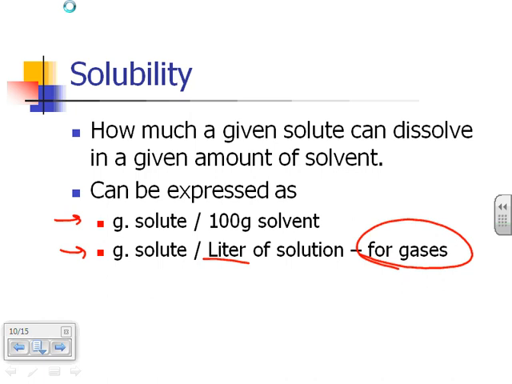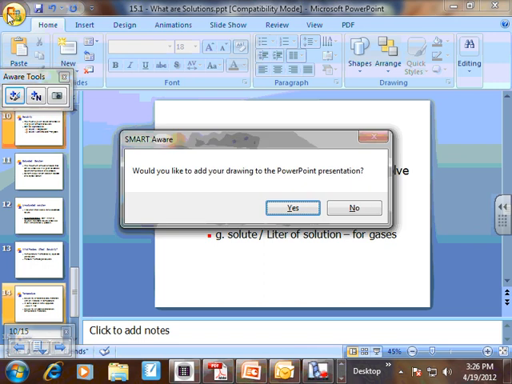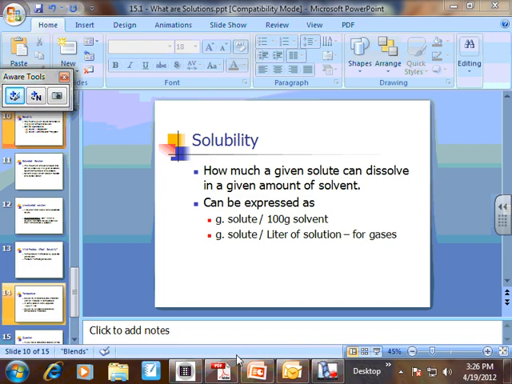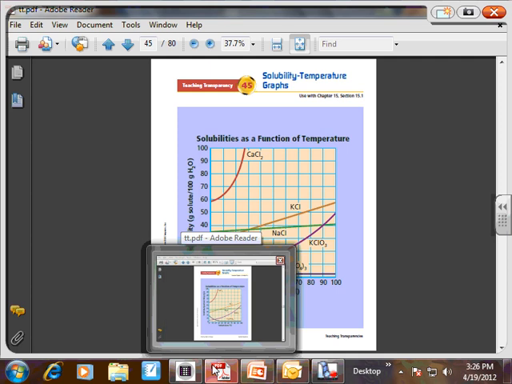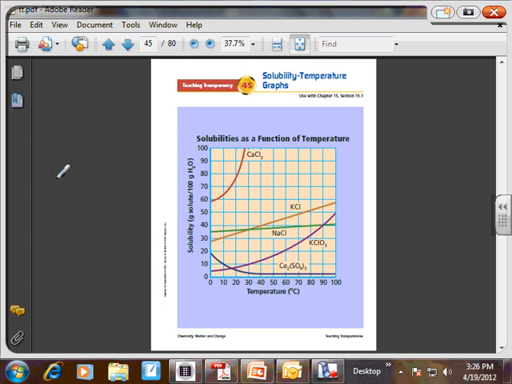There is a solubility chart that we can look at here. This shows how much of different things can be dissolved at different temperatures.